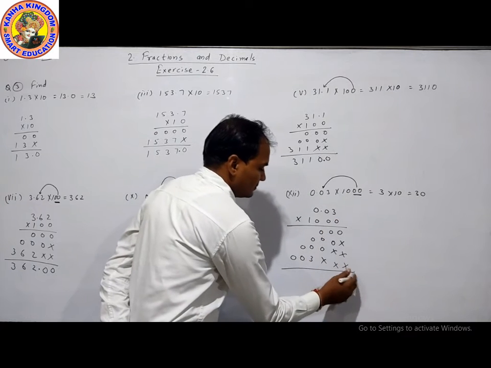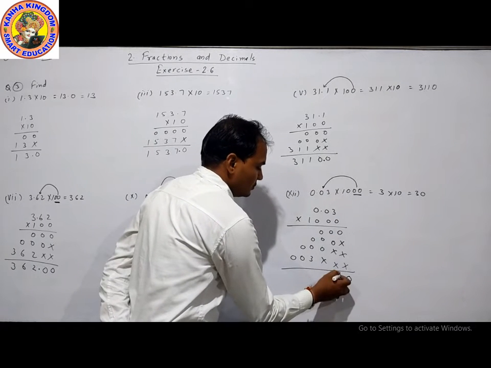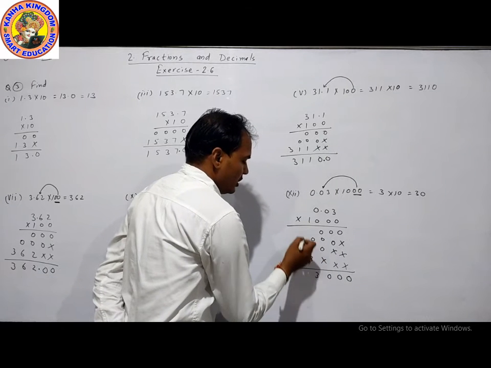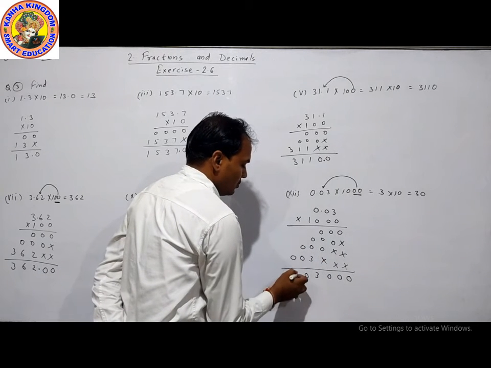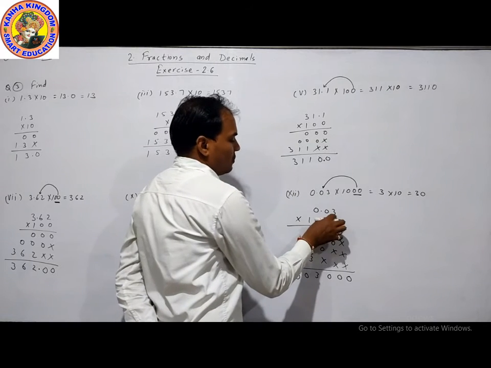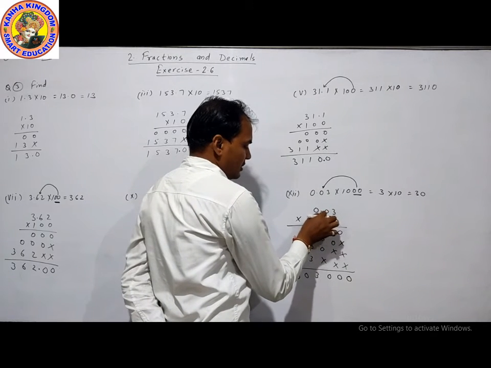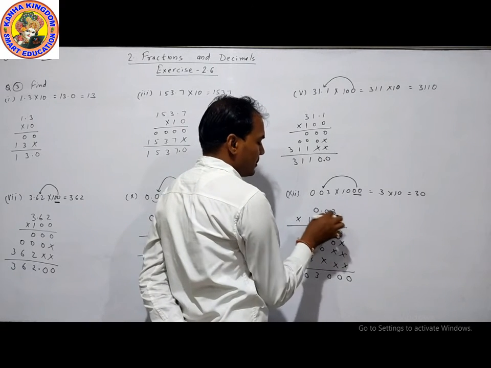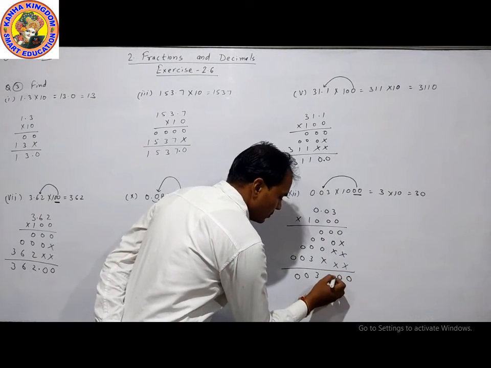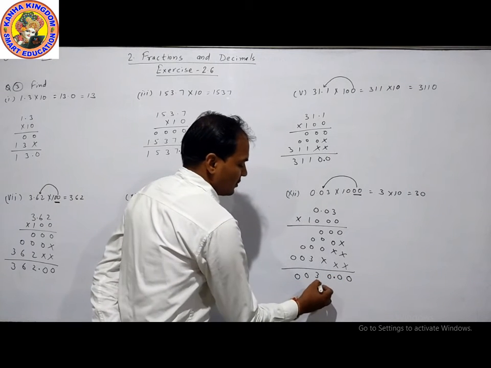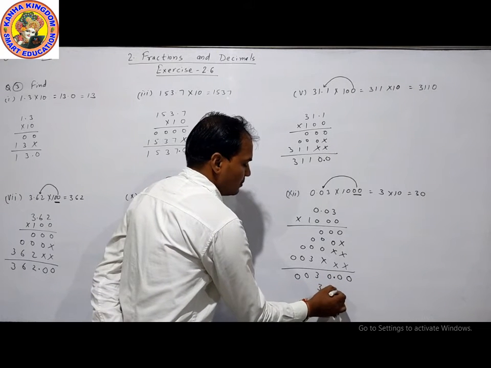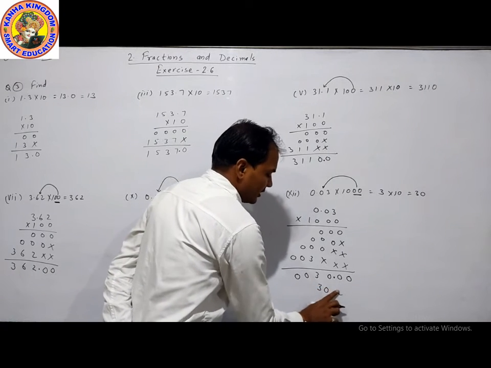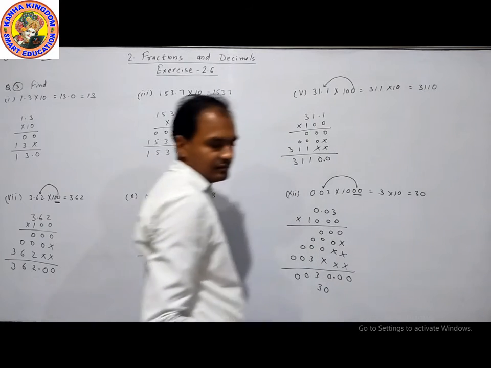Now adding these 0 0 0 3 0 0. After 2 digits, the decimal point will come. 30.00 means 30. The answer is 30.